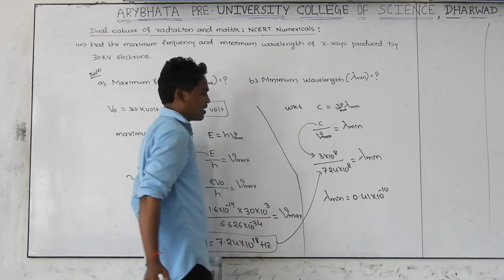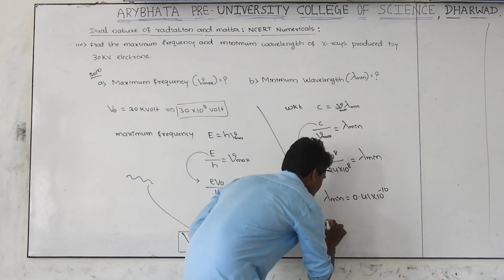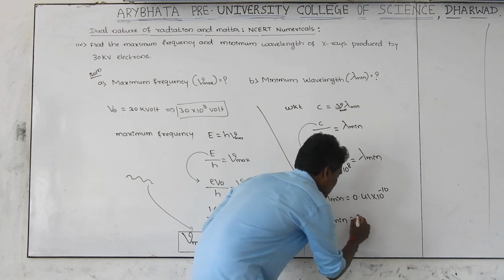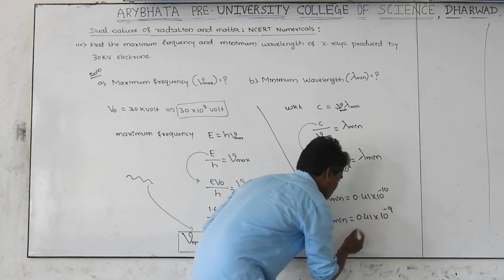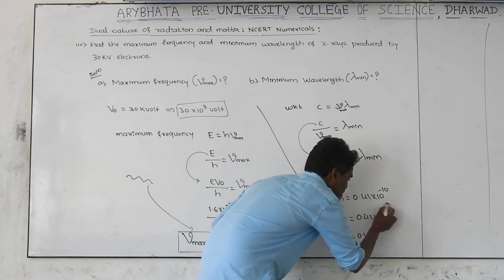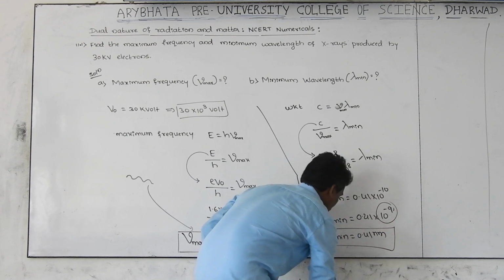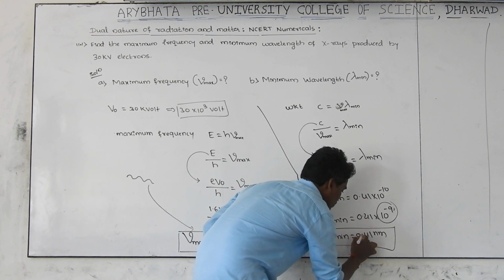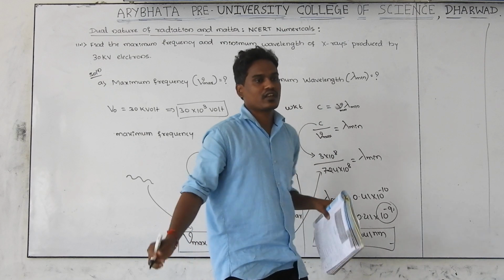This can also be written as 0.41 into 10 to the power of minus 9, that is 0.41 nanometer. This is the first one, and second one.